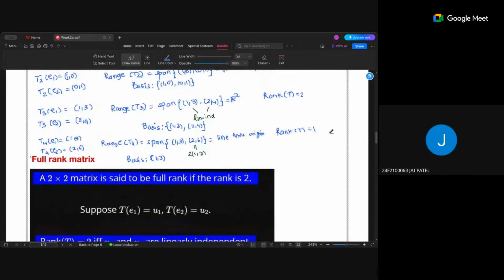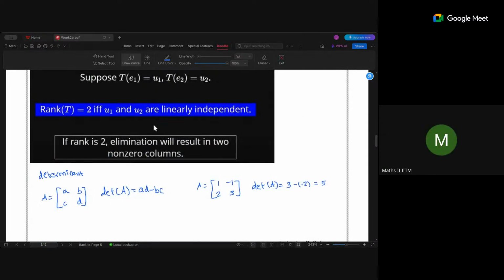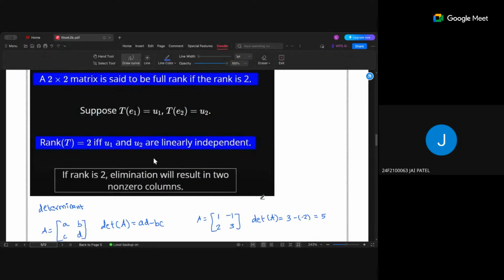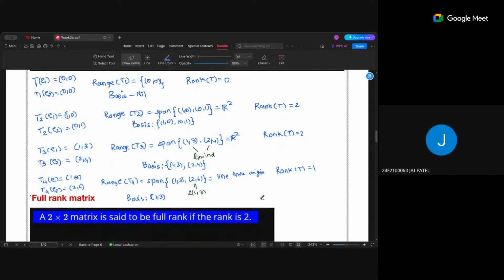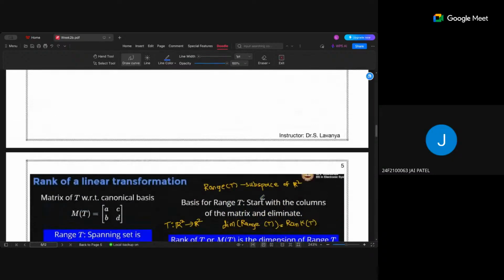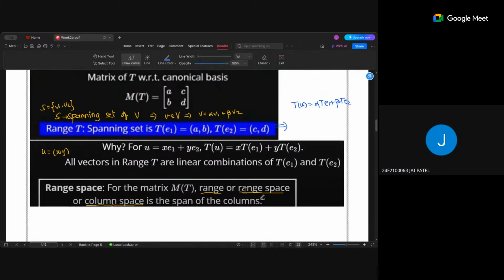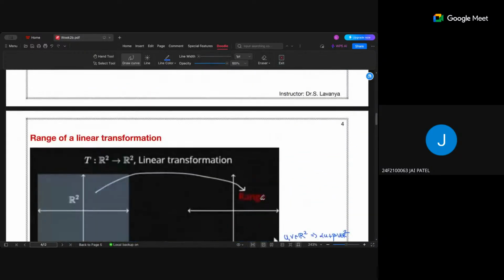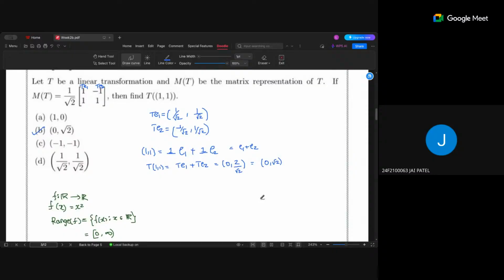Excuse me, ma'am. Sorry, I'm interrupting you, but I have a doubt in the question you have solved above. Scroll it up a little bit, ma'am. The linear transformation. This one. T of 1 comma 1 is equal to 1 e1 plus 1 e2. This I understand, but the last one, T of 1 comma 1 is equal to TE1 plus TE2, I didn't get it.